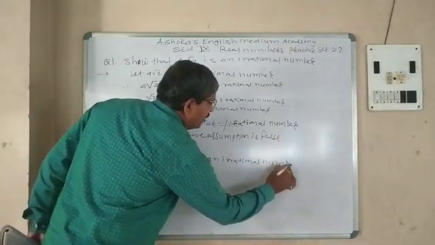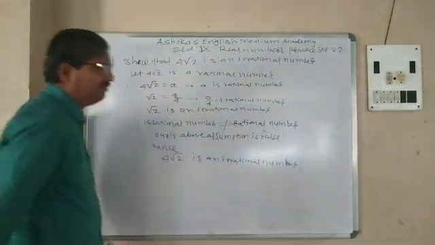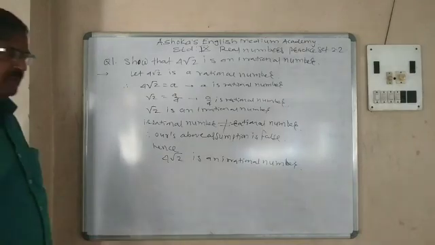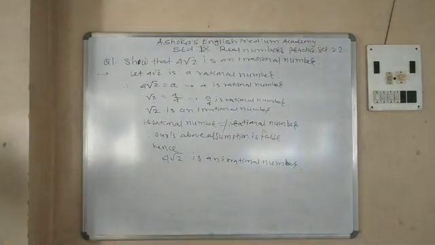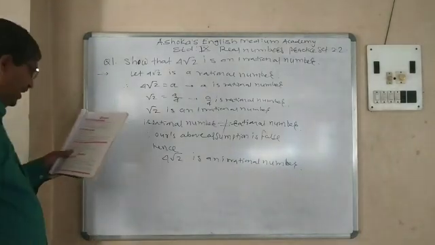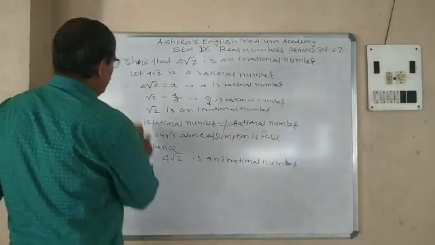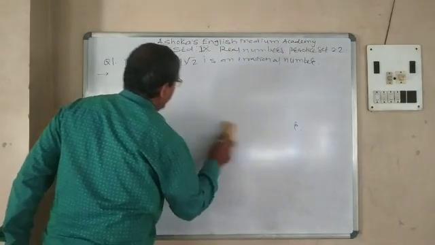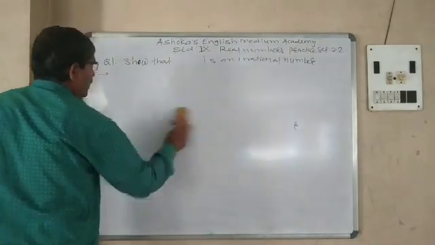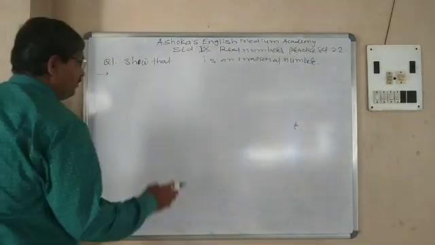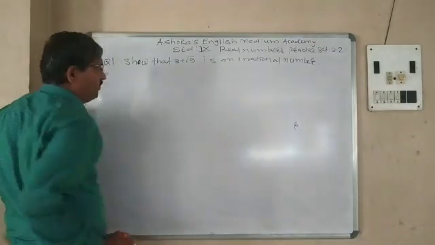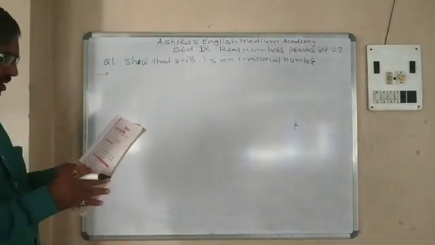Irrational number. Understand? In a similar way, now we will go to question number 2. What is given in question number 2? Please look at 3 plus root 5. Show that 3 plus under root 5 is an irrational number.